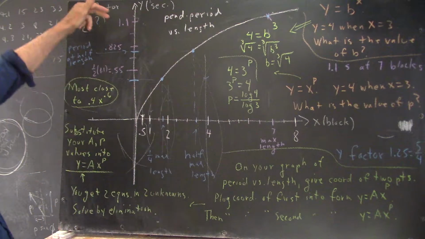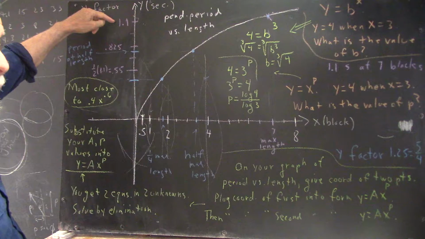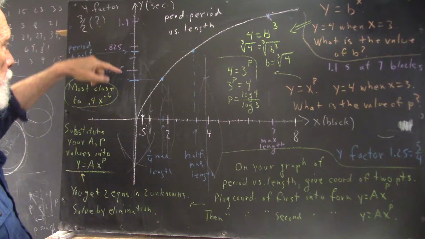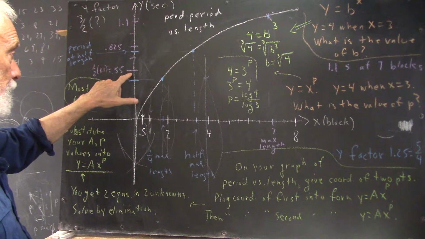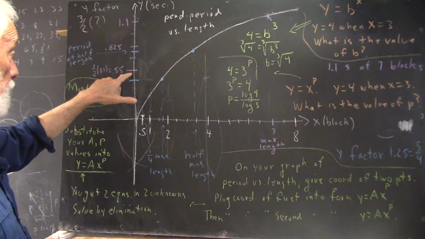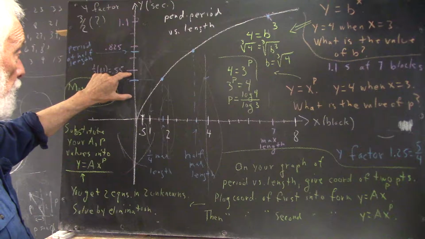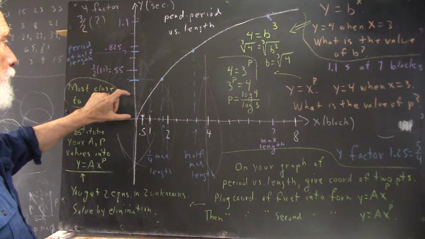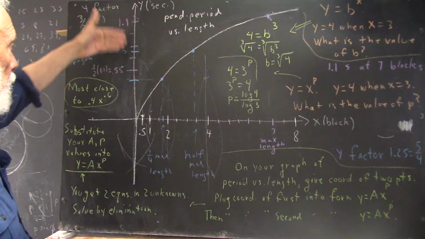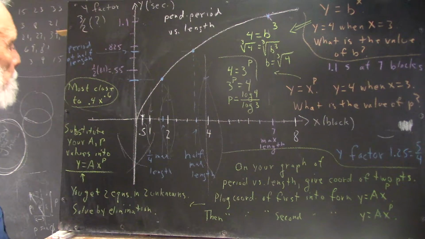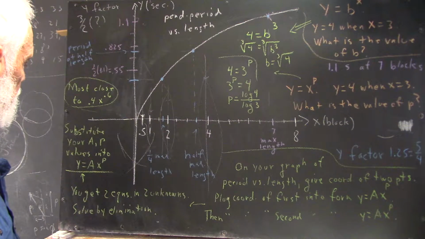Now over here in scaling the y, we had a 1.1, and we constructed, we cut this in half to get a period of 0.55 at the halfway point. We could construct that in half and get a period of 0.275, and take half of that, and so forth, and mark the axis in those units.